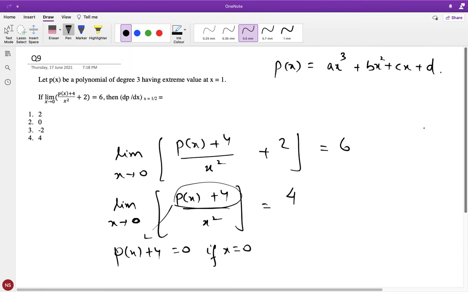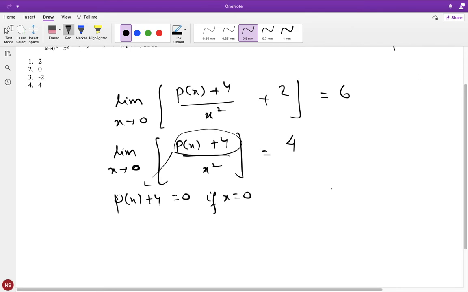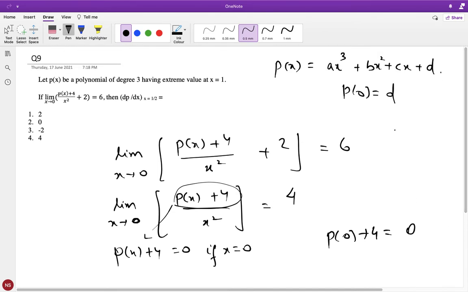If I put x equals to 0 in this thing, p(0) is equals to d, right? If I put x equals to 0, then p(x) plus 4 should be equal to 0, or p(0) plus 4 should be 0, or d plus 4 should be 0, or d is equals to minus 4.